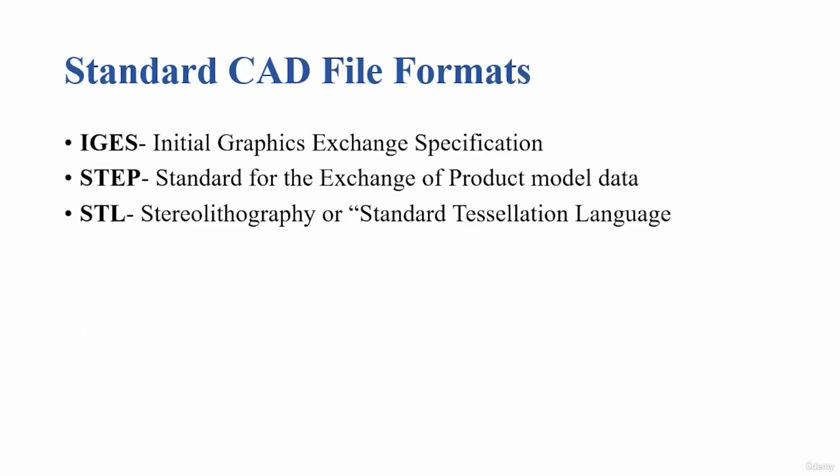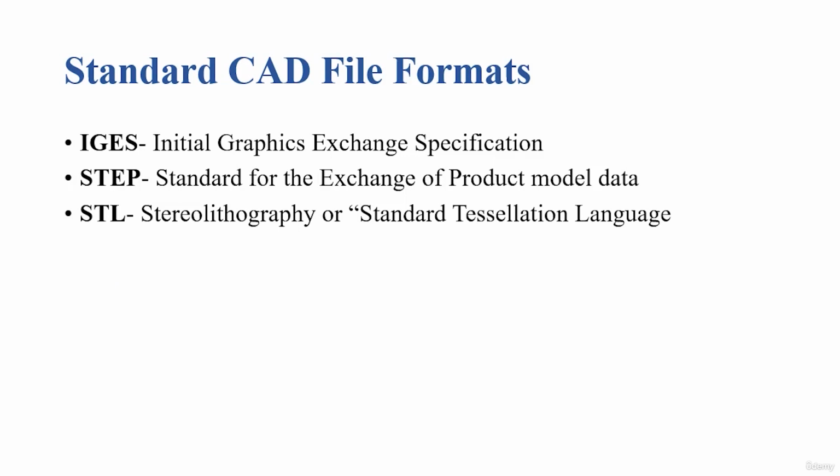These are some standard CAD file formats which are used universally. The IGS format is used for exchanging surface files. This surface file can be opened in any software. The STEP file format is normally used for exchanging solid products with mass and so on, and the STL file format is used for rapid prototyping, in which, by using different technology, we can create a product layer by layer.